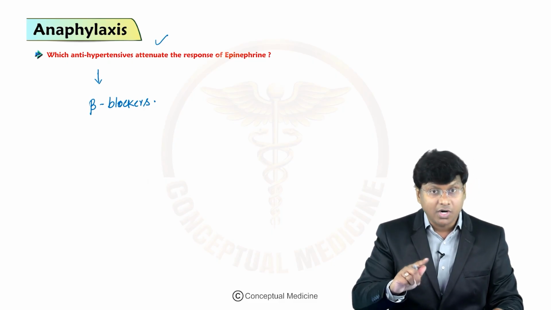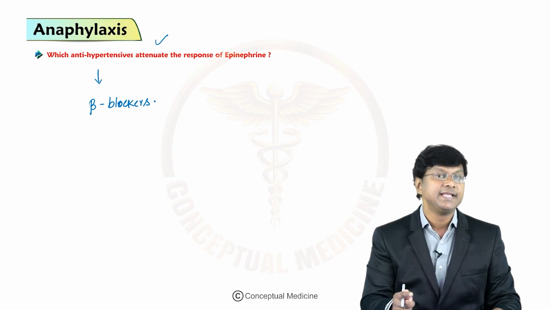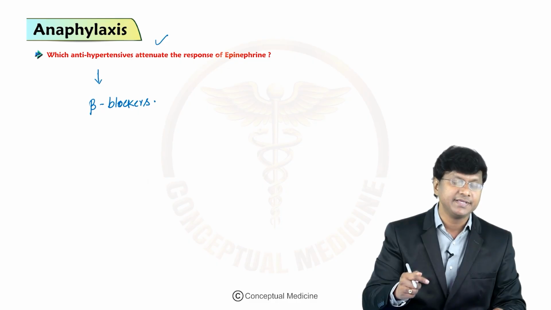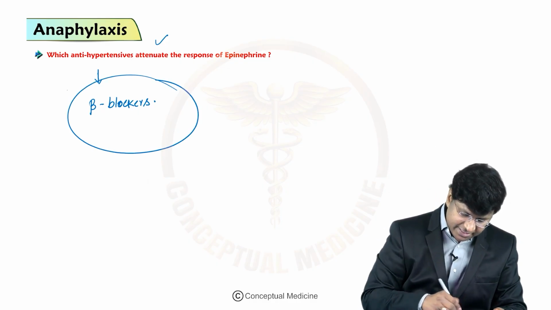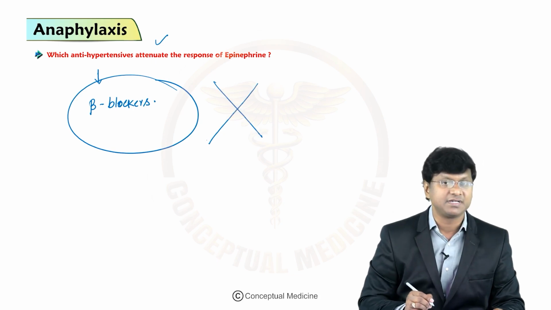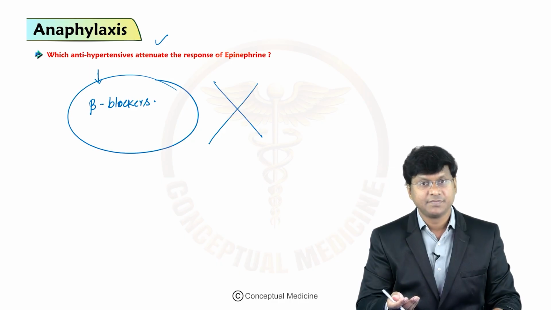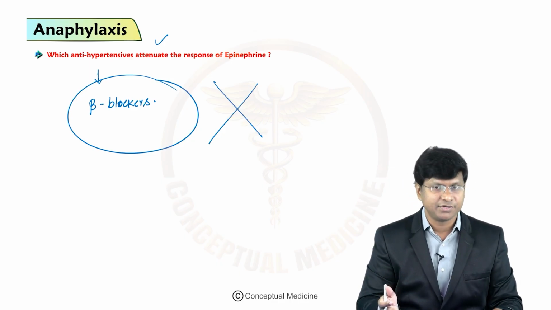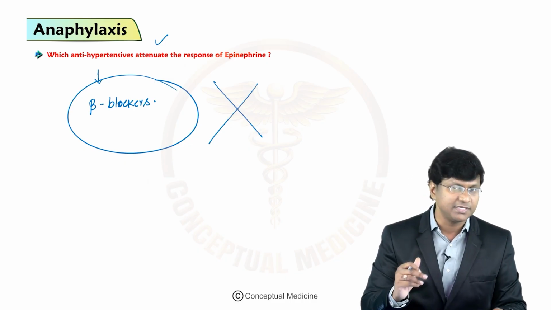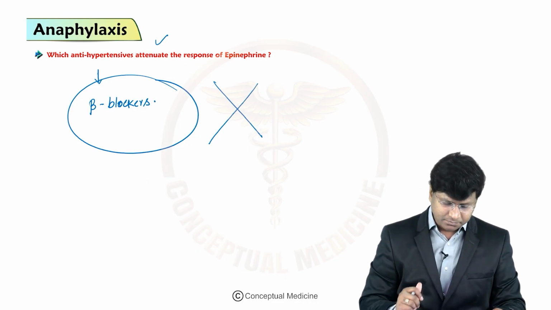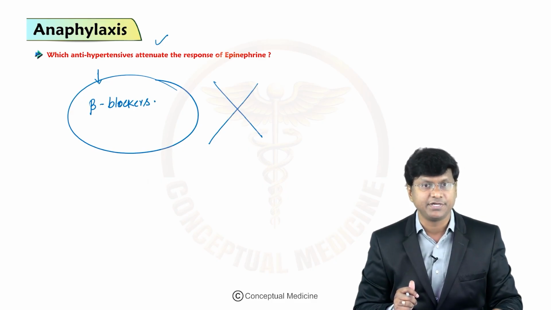Therefore, an alternative antihypertensive may be considered in patients at high risk of needing emergency epinephrine. So when the individual is on a beta blocker, please stop that particular beta blocker. They will attenuate the response of epinephrine, because epinephrine acts on alpha and beta receptors, and beta blockers are blocking your beta receptors. Thereby the response of epinephrine gets attenuated.